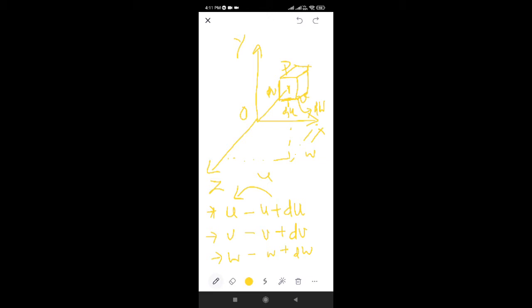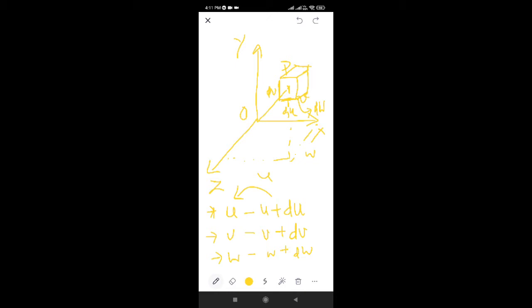We are considering only one molecule which is in this box with length du, breadth dv, and height dw. Now our molecule is in this small box.